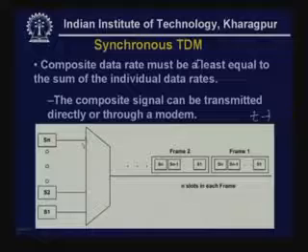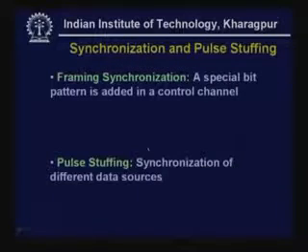These are scanned one after the other, then a frame is sent, then comes the next frame, again taken from another source: 1 bit or more bits, then from channel 2, source 2, 1 bit or more bits, and in this way it goes up to channel n, and again it is repeated. This is how scanning is done.